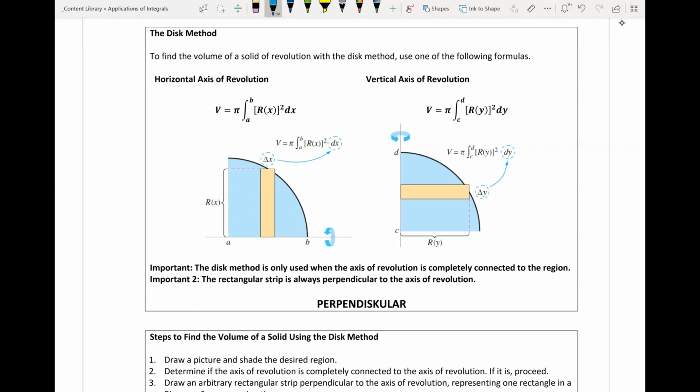And if we are revolving around a vertical axis like the y-axis, or x equals 2, x equals -5, any vertical line, then we use this formula: V equals pi times the integral from c to d, from our smallest y value to the highest y value, of r of y squared dy. So these are the two formulas we're going to use.